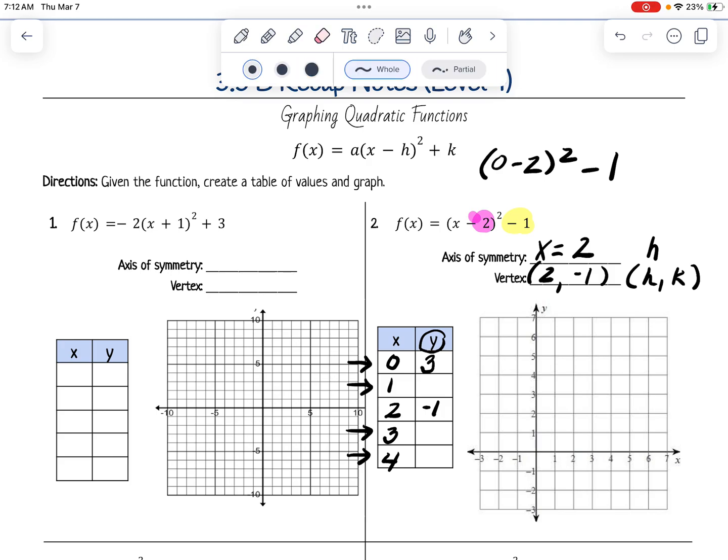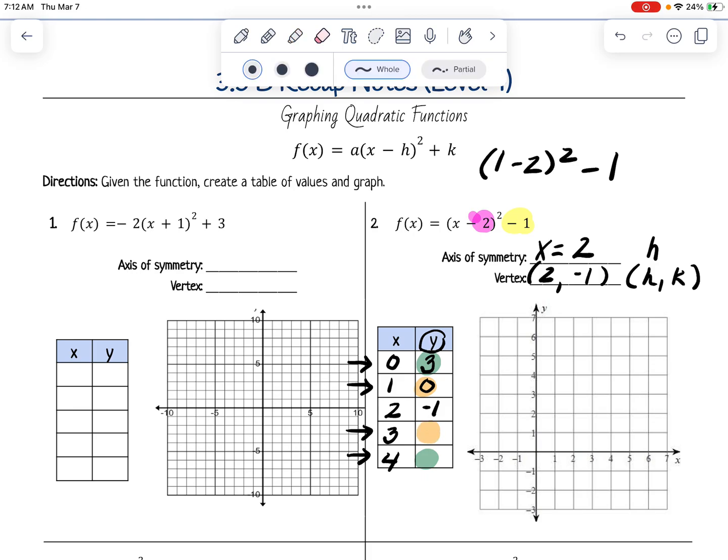And then I'm going to move on to the 1. And when I do that, I'm going to end up with 0. And remember, there's going to be symmetry involved. So this number and this number should end up being the same, as well as this number and this number.